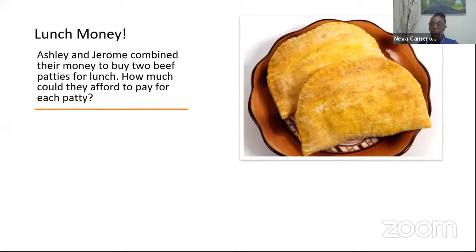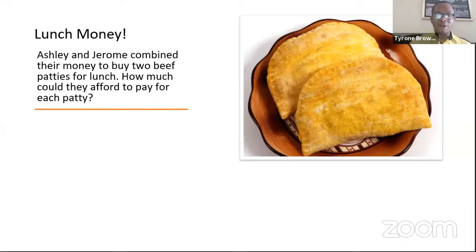I am liking what is happening here in the chat. And I'm also seeing Carissa saying no, it couldn't be 300. So I'm definitely seeing some thinking going on as to what it could be and what it could not be. And we'll have a little bit of discussion on that.